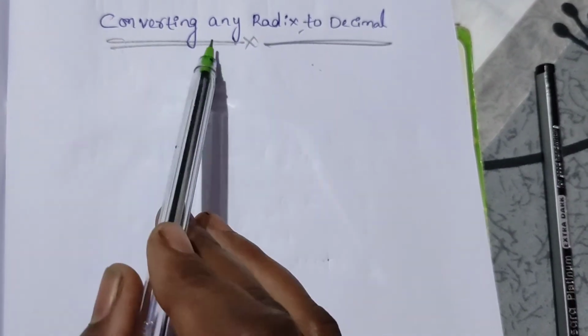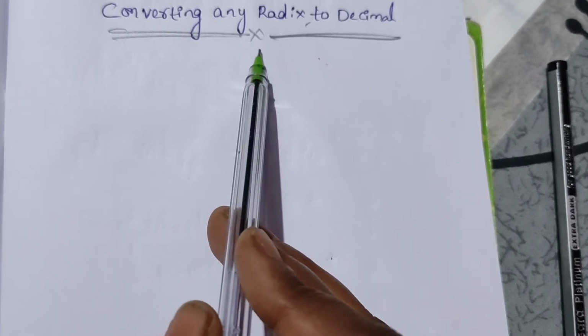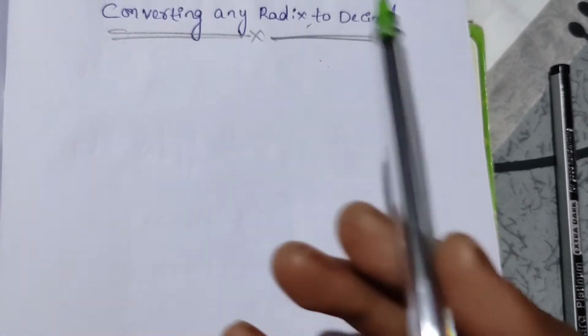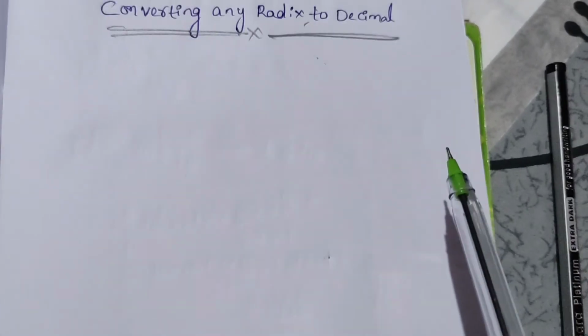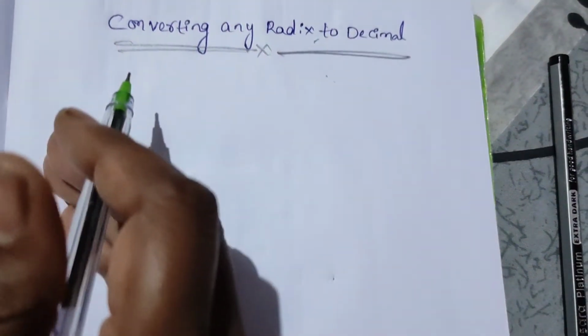Converting any radix to decimal. That means any binary to decimal, any octal to decimal, hexadecimal to decimal conversion we will see now.